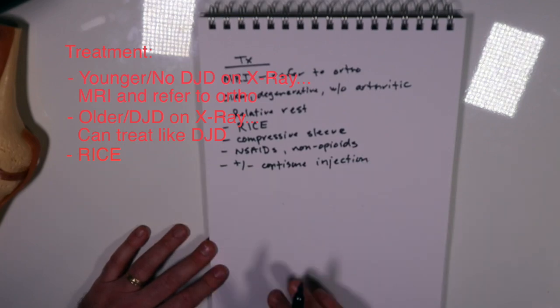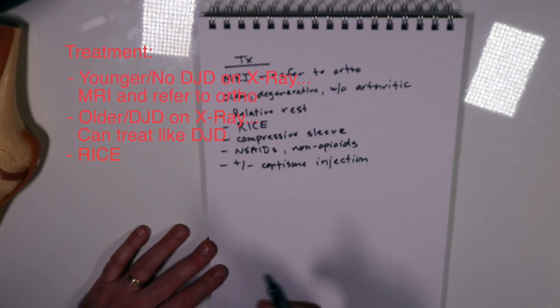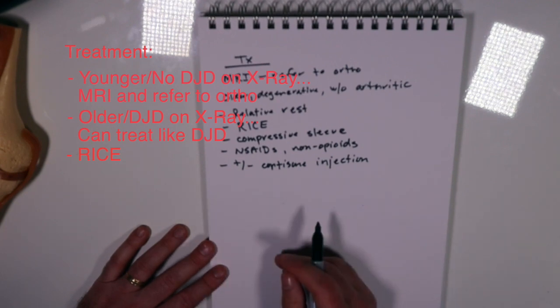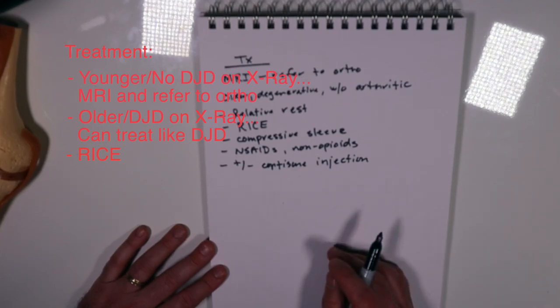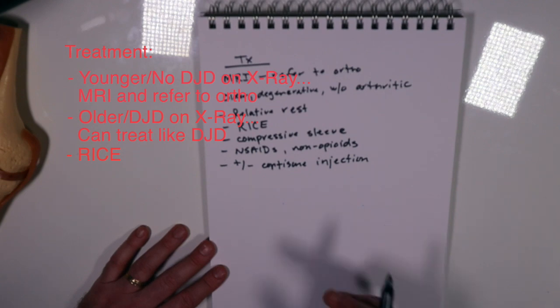And then if this person does not get better after those treatment efforts, then you can consider getting MRI and referral to ortho. But if a patient has arthritic changes on x-ray, arthroscopic intervention for meniscus tear is very suspect as to whether or not they're going to get any long-lasting relief. So be careful with getting up hopes for significant relief from an arthroscopy for a meniscus tear in the presence of arthritis.